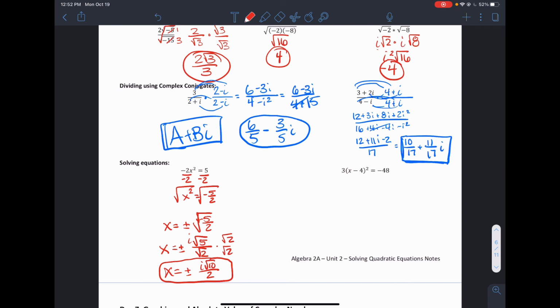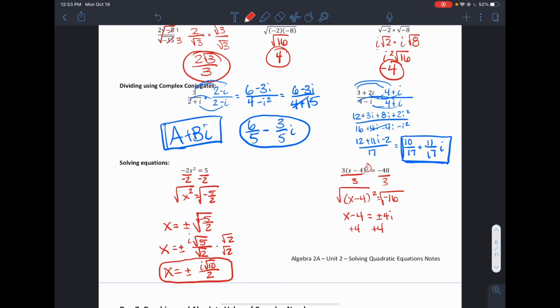All right, here, our first step should be to divide that 3 out first. Remember, you can't distribute that 3 in because of the exponent. You can't multiply before you do exponents. So we divide the 3 out, and we get x minus 4 squared equals -16. We'll take the radical of both sides, square root. x minus 4 equals plus or minus, the square root of -16 is 4i.